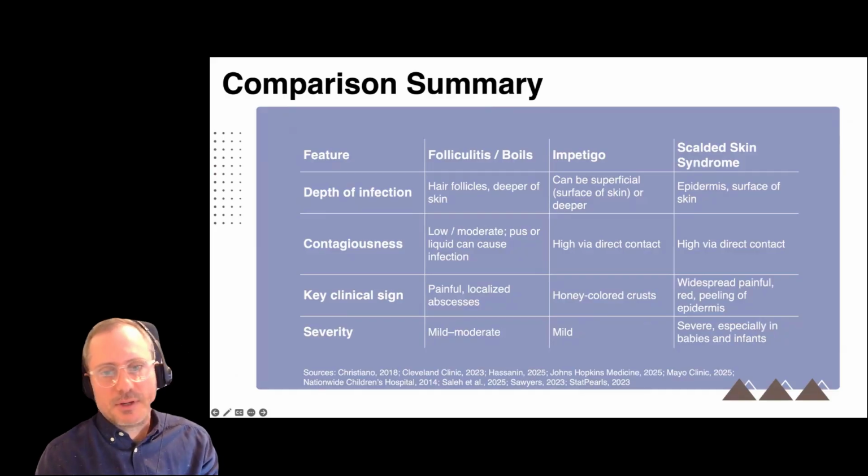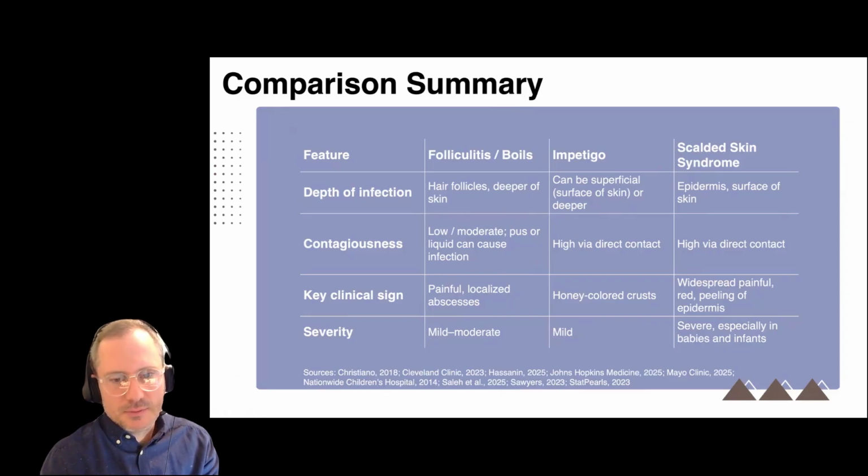And on this slide, I have a comparison of the three conditions. You can see in this table, folliculitis and boils typically affect deeper hair follicles compared to impetigo, which is more superficial and affects the epidermis, but is actually more contagious than folliculitis or boils.